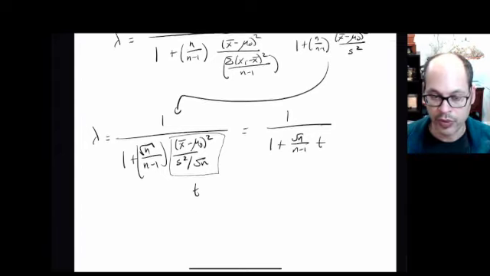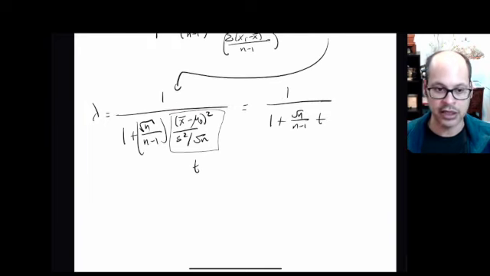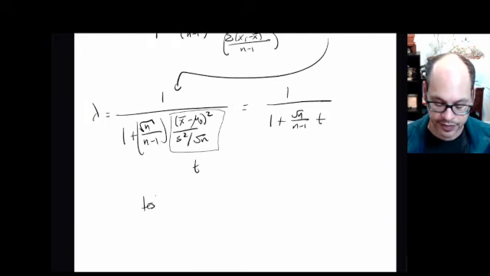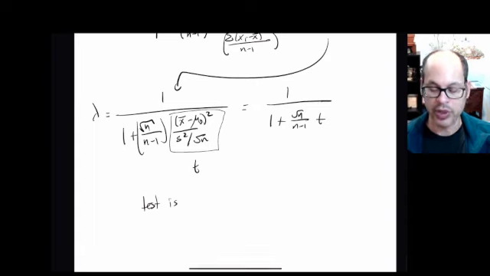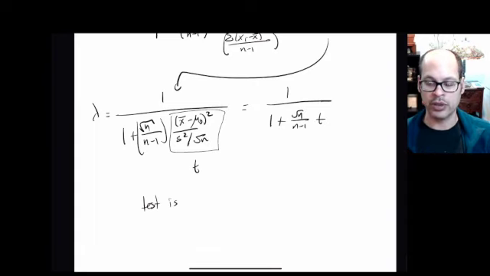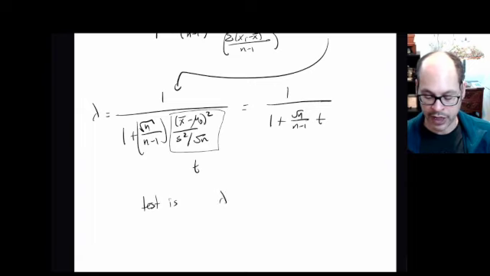And so what does my test then end up looking like? So the test, or the critical region, is, I'm going to throw out my null hypothesis when my lambda, which is kind of the relative likeliness of my null hypothesis, is too small. So it's going to look like that.